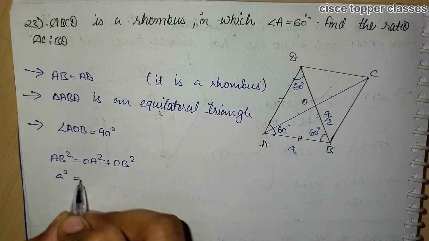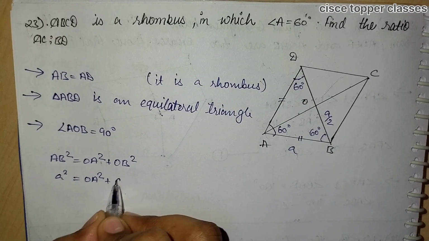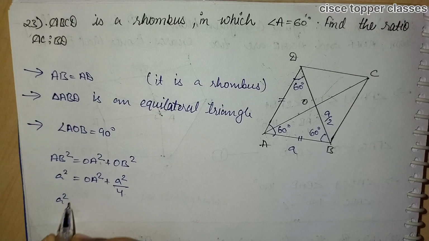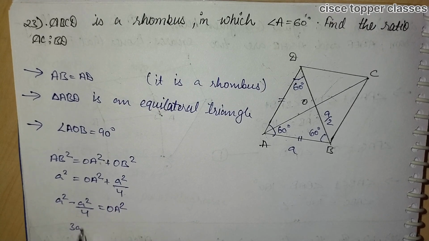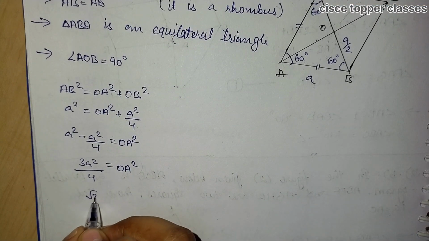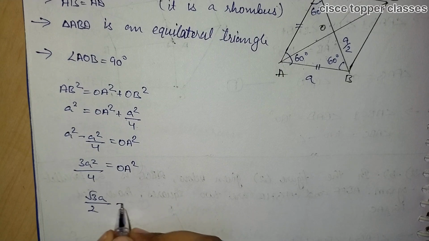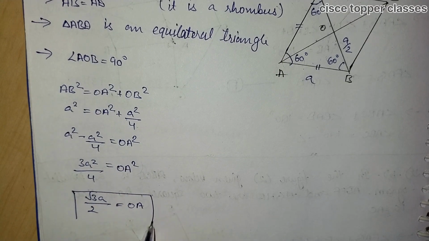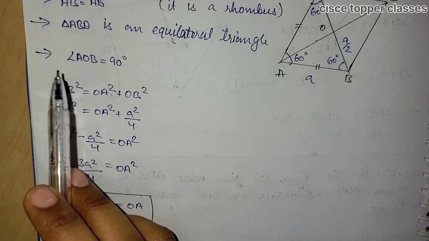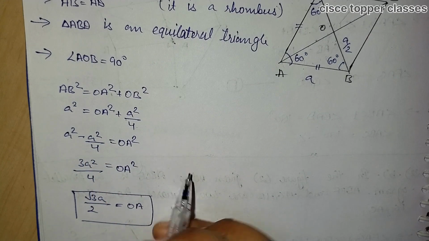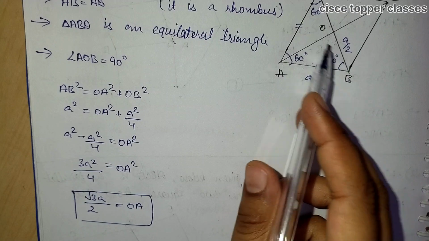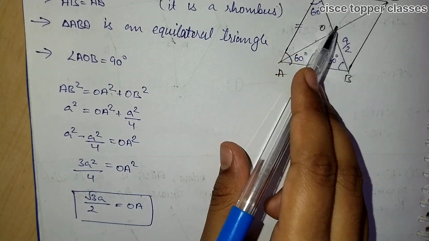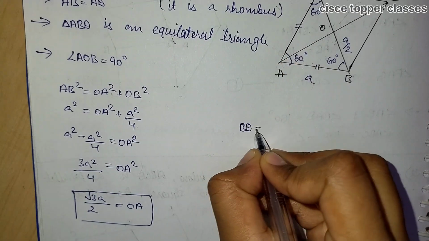So a square is equal to OA square plus a square divided by 4, means a square minus a square by 4 is equal to OA square. This will be 3a square by 4 equal to OA square. Taking the square root, OA is root 3 a divided by 2. Now we have to find the ratio of AC to BD. BD is double of a by 2, which is a only, so BD is equal to a.